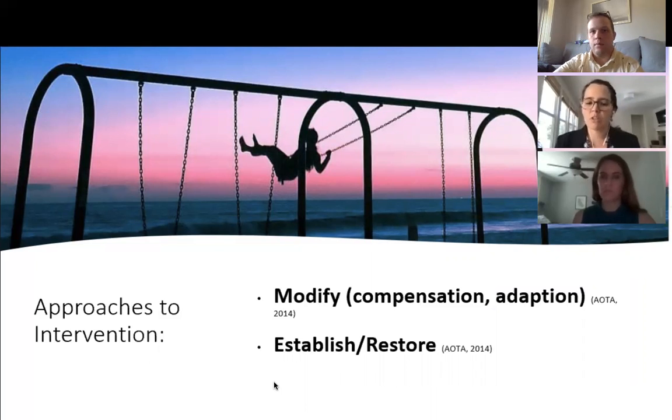For establish and restore, the OTPF states that this approach is focused on changing client variables to establish new skills. This design will encourage her to build her trunk muscles and balance while engaged in play. So we're really working on establishing those new skills with her.